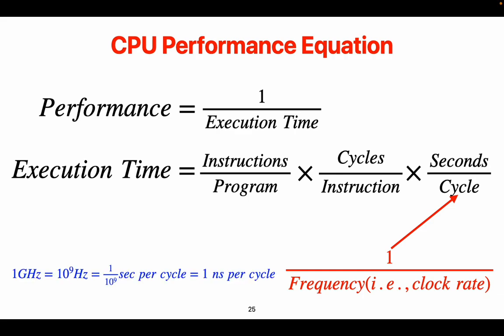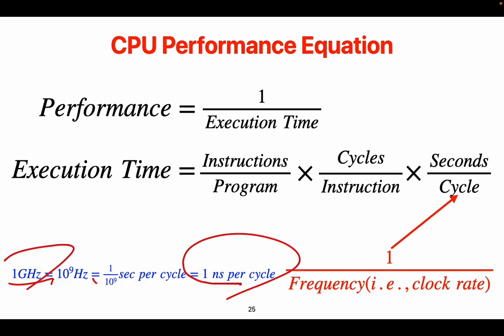Okay, for the frequency, I have a very quick conversion, since some people are really bad at converting stuff. Typically, the processor is at the gigahertz level. If you are at 1 gigahertz, your cycle time is 1 nanosecond.